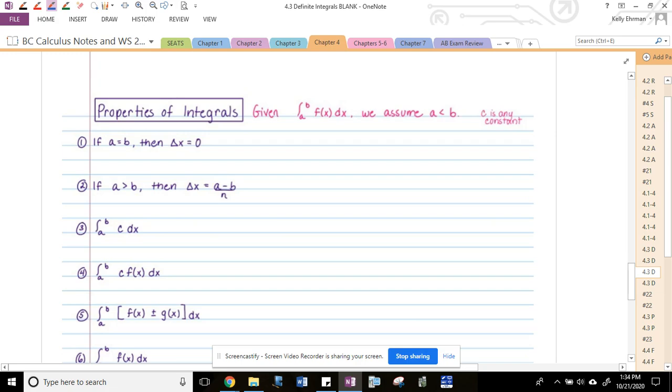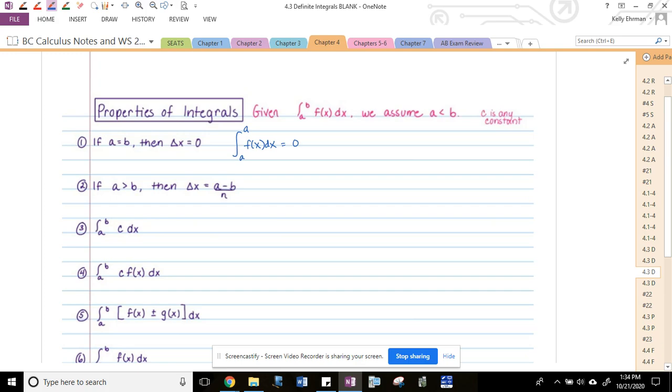So if a equals b, then delta x would have to equal 0. So that means that the area would have to equal 0. Because if you think about that, this is just saying the integral from a to a of f of x dx, if those two values match, then that would be 0 because there is no section to color in the area under the curve.